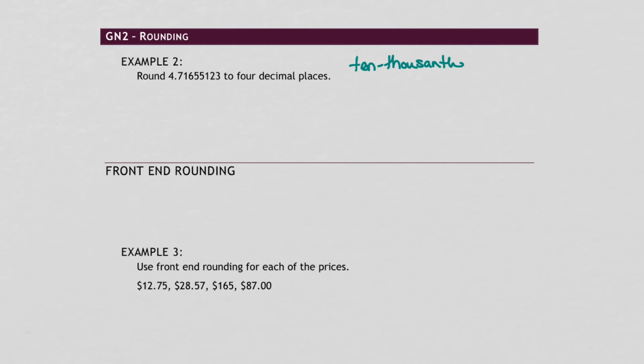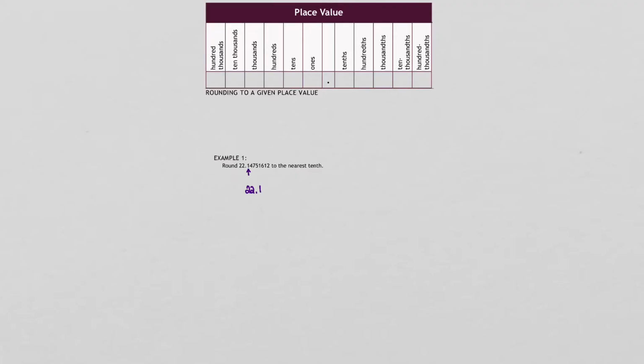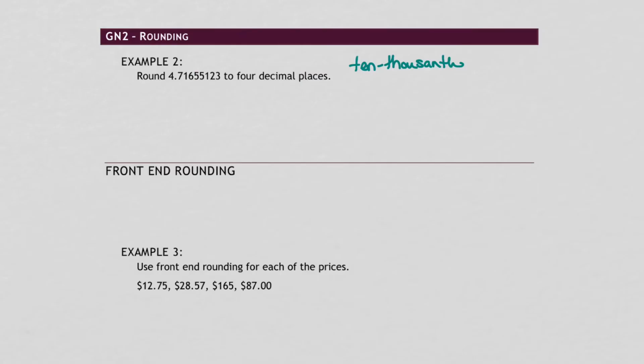Just so you know, if it ever tells you to round to the nearest 10,000th, I think I spelled that wrong, then that means to round to 4 decimal places. So 4 decimal places would be at that 5 there. And since there's a 5 in the next spot, then we need to round it up. So we'd have 4.7166.